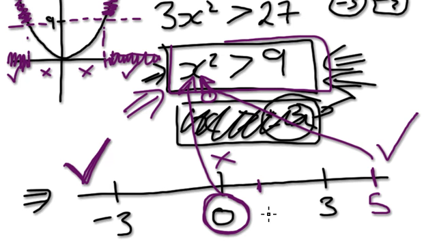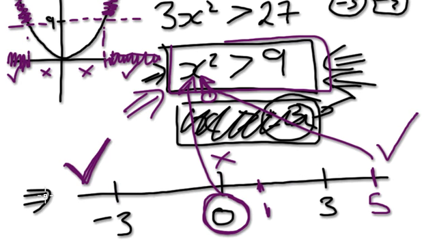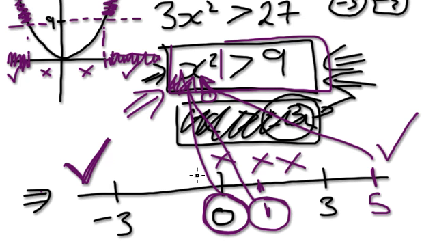If you select, let's say 1 in this region here, we are trying to decide if this is a good region or this one and this one are good. We are trying to establish that. Let's choose 1 and put it into here. 1 squared is 1. You're making a statement that 1 is greater than 9. So that's not the case. You see, it turns out that everything inside here will be bad.